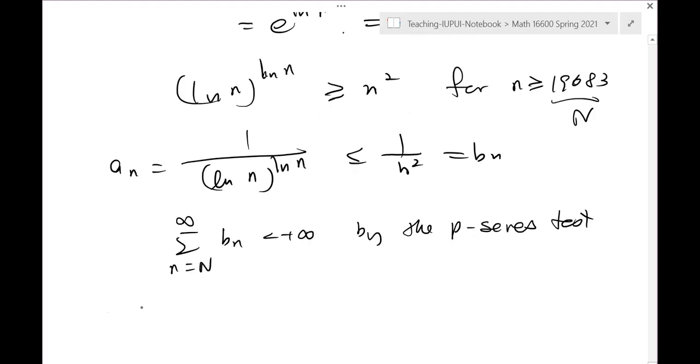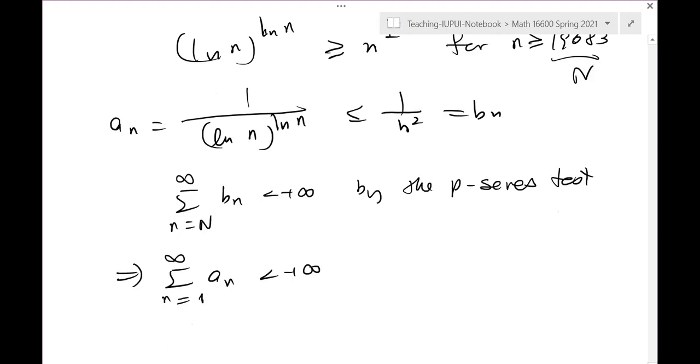Then I conclude that this can even start from 1, and the first few terms do not change the convergence. So it's by the comparison test.